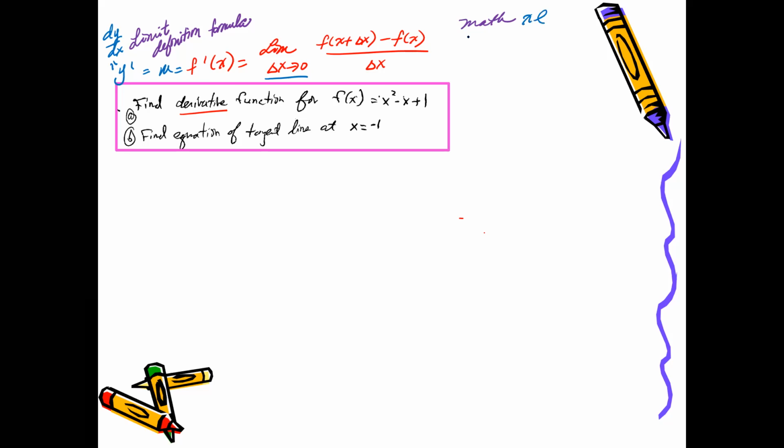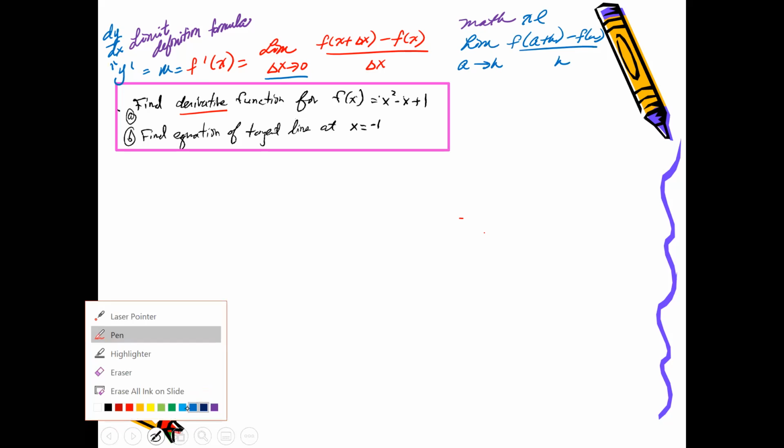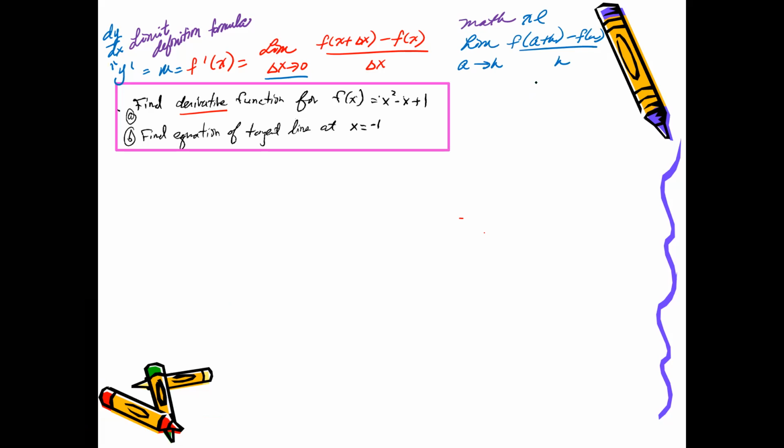So on Math Excel, they had another formula, which was the limit as h approaches 0 of f of a plus h minus f of a over h. And it is exactly the same concept. The only major difference is that on a graph, you have 2 points. Your first point here, the x value is a.